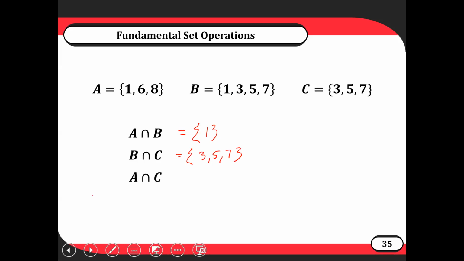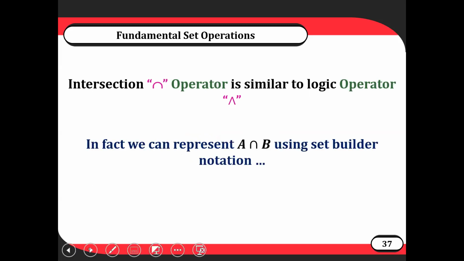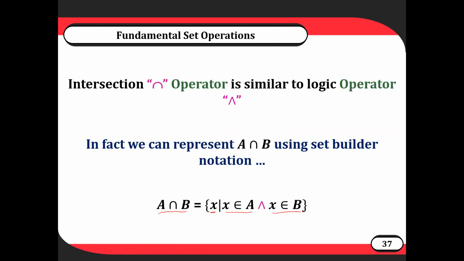And A intersect C is what? Yeah, the empty set. Good. All right. And again, our intersection operator is similar to the logical AND operator, and we can use the set builder notation to represent it. A intersect B is all the elements X such that X is a member of A and X is a member of B. So those are two equivalent ways to express that.